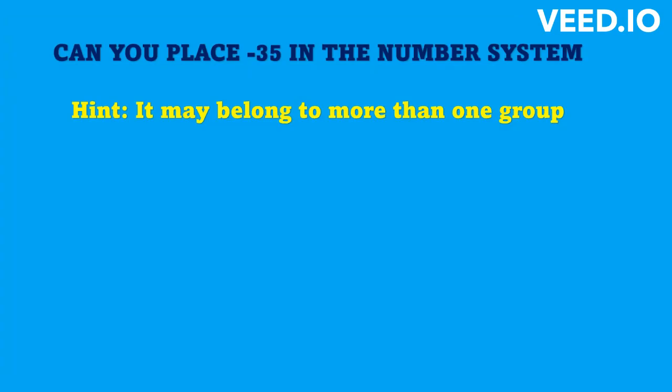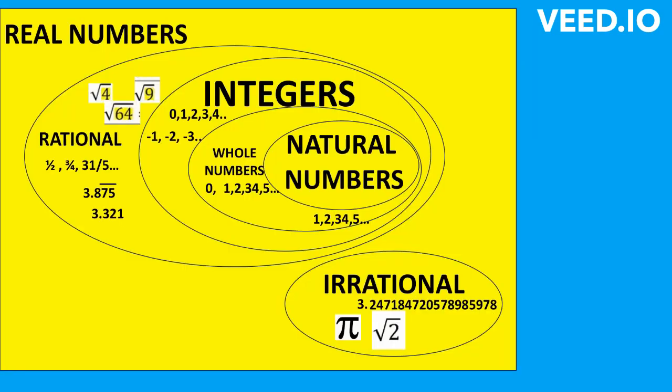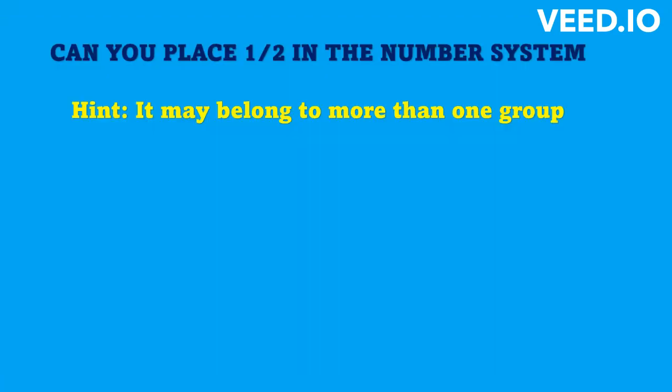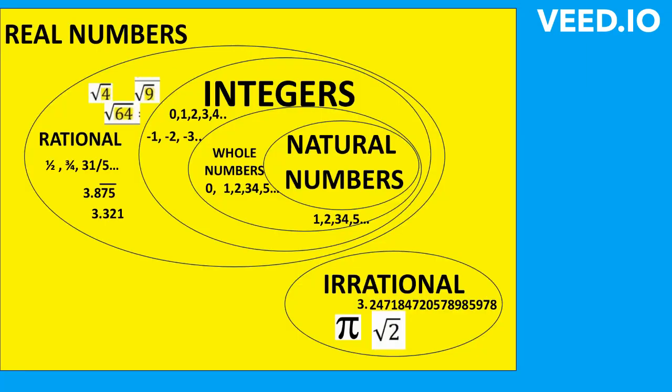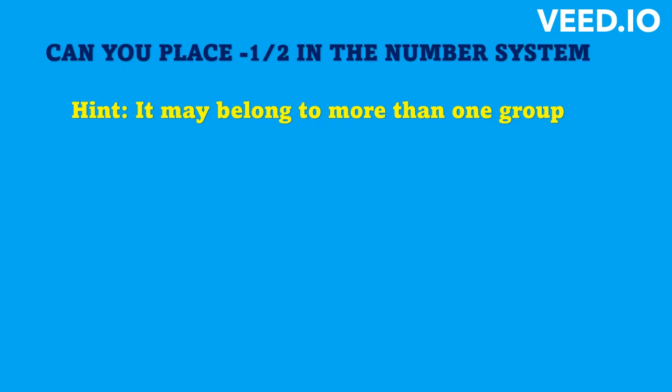Can you place -35? -35 is an integer. It is also a rational number, but it is not a whole number. It is not a natural number. Can you place half in the number system? Half is a number that can be expressed as a fraction. This is a rational number. It's not a whole number, not an integer.